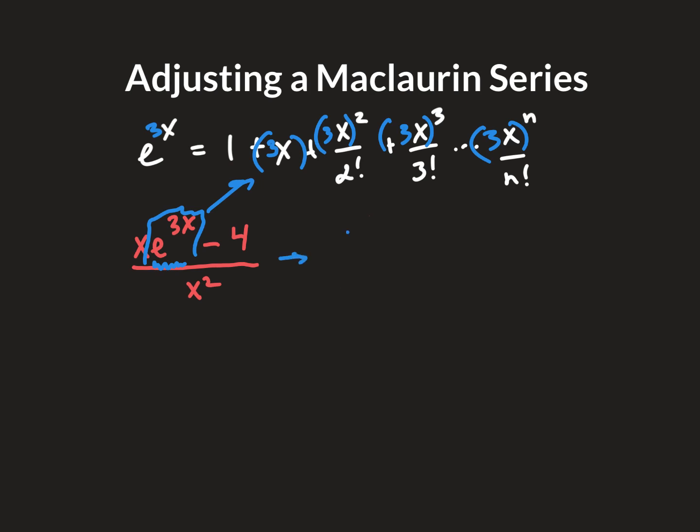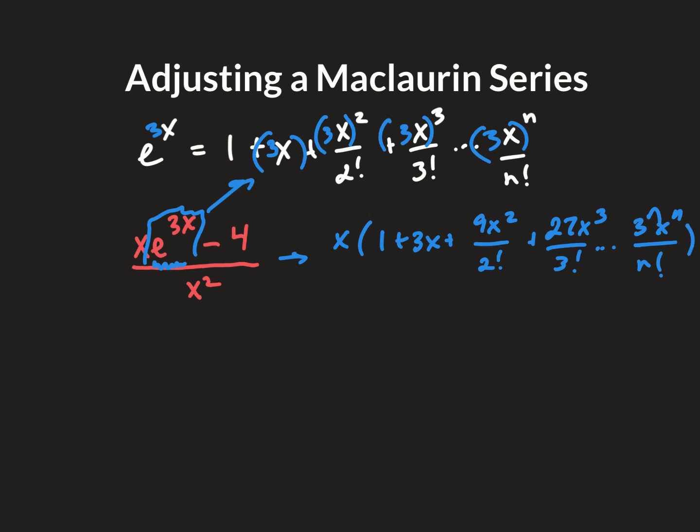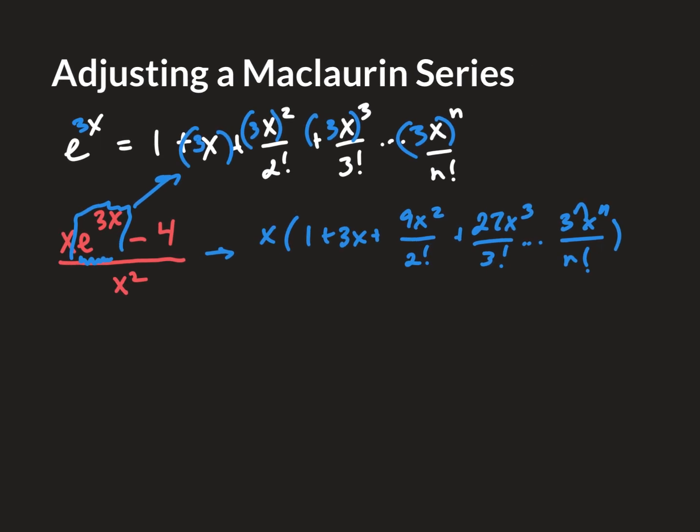So this is going to become x times that whole thing I wrote up there. And maybe I'll even square it out. And at the end, oh, I didn't leave room. Move this over. Of that, I have subtracted 4. That just comes from right here. I've taken that whole thing and subtracted 4 from it.